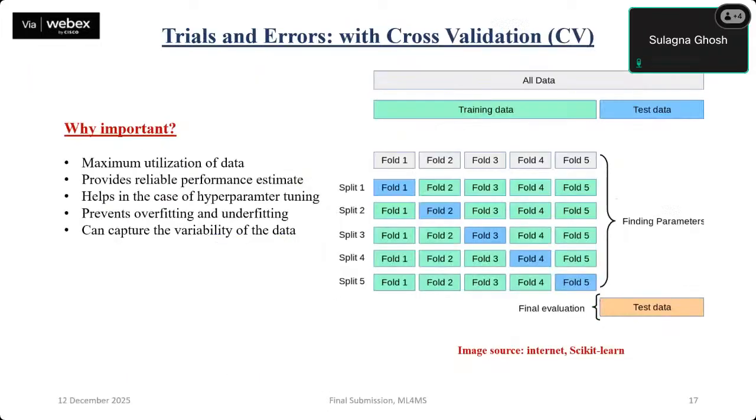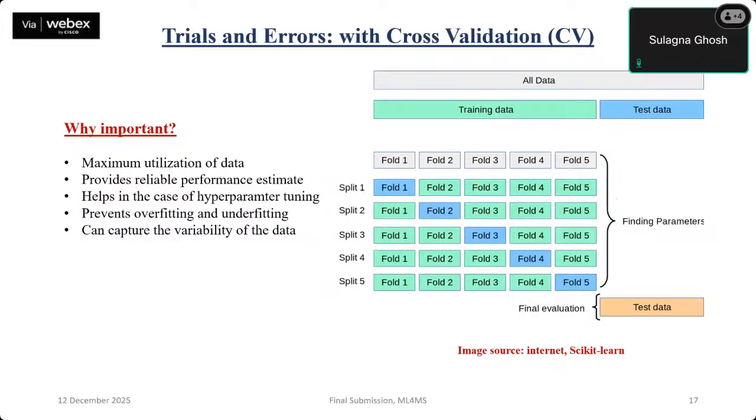After that, we did some trial and error using cross validation. Cross validation is important for a reliable performance estimate. It helps in hyperparameter tuning, and it prevents overfitting and underfitting.